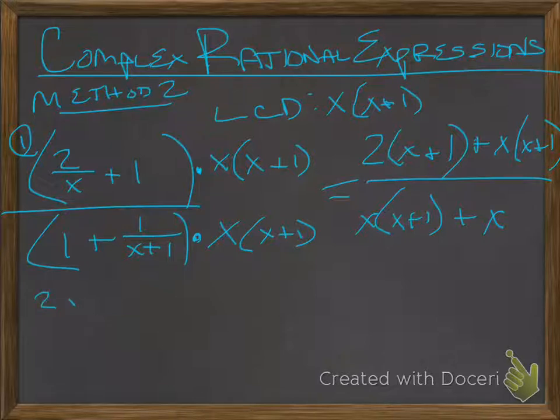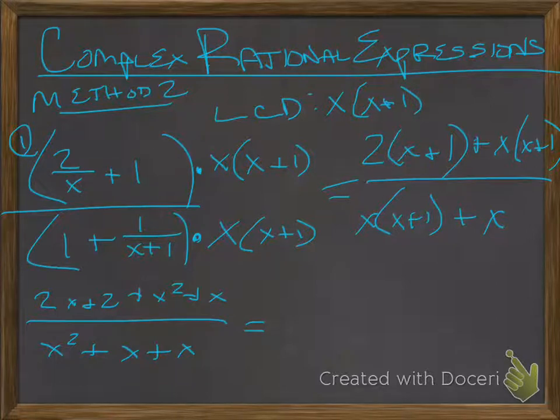I have 2x plus 2 plus x squared plus x over x squared plus x plus x. And so my numerator simplifies to x squared plus 3x plus 2 over x squared plus 2x.